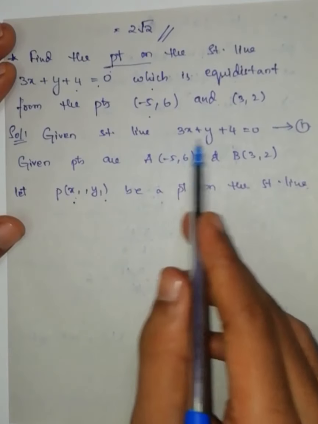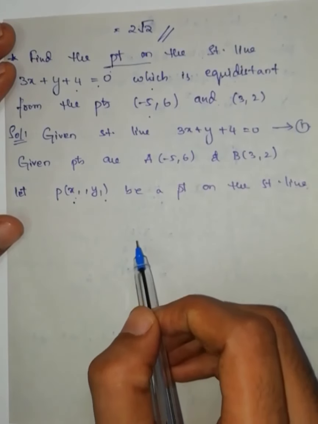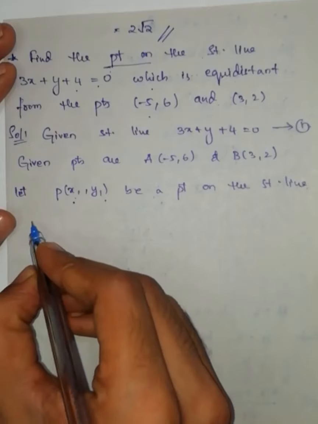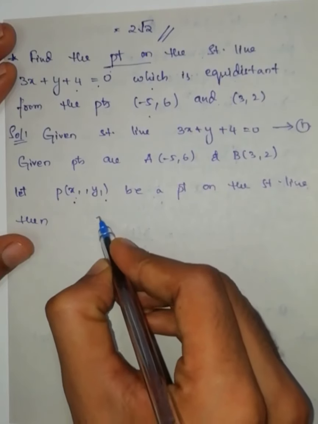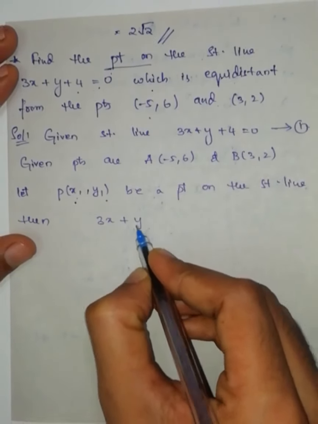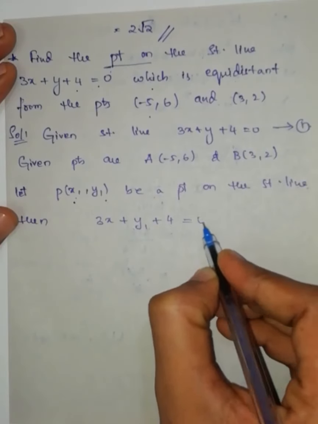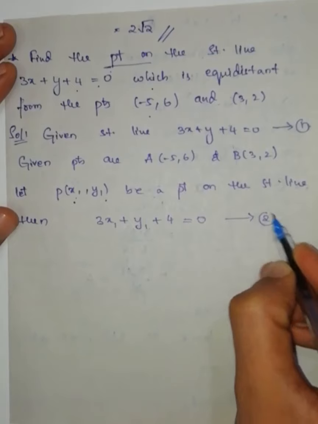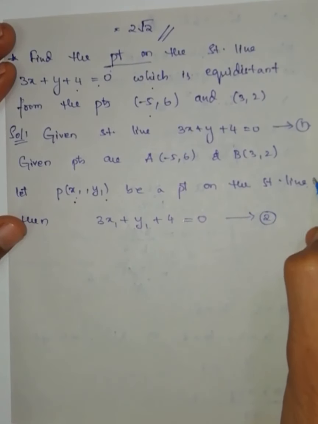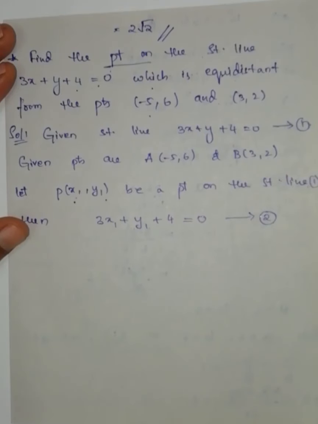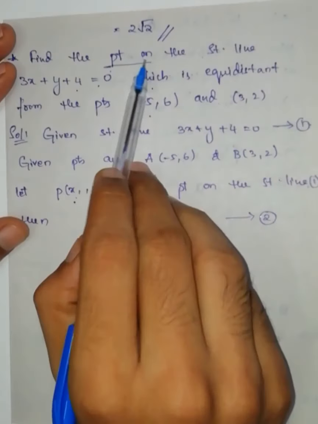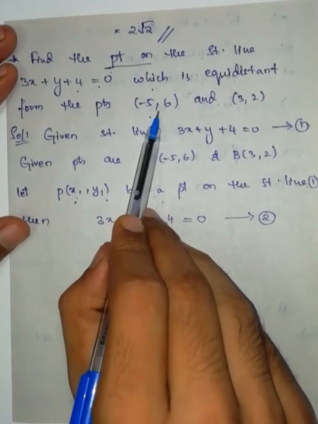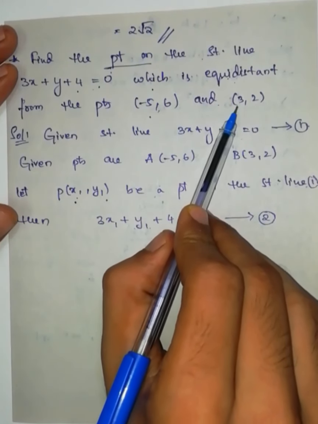Since this point is on the straight line, it will satisfy this equation, that is 3x1 plus y1 plus 4 is equal to 0. Equation number 2. Now also given that the point whose distance from this one and this one both are same.